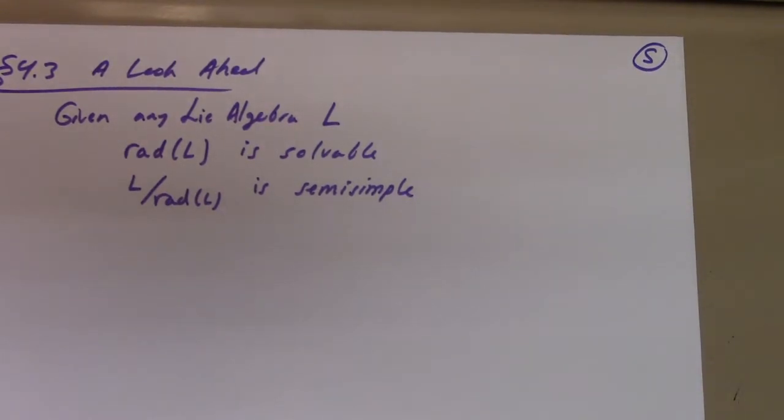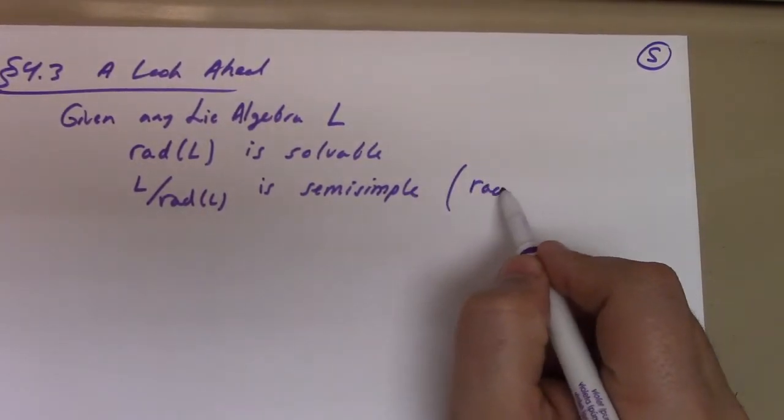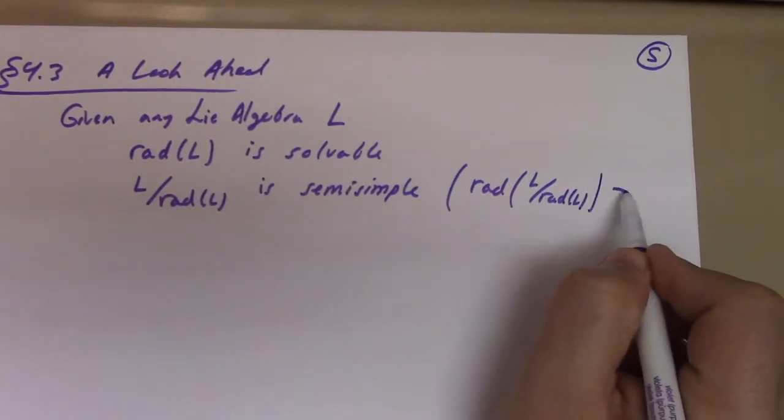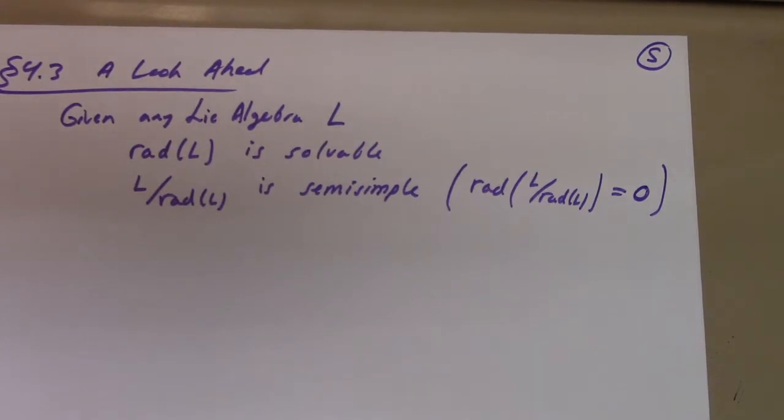Now, what did semi-simple mean? We haven't talked about that today. Semi-simple means that the radical is 0. So the radical of L mod the radical is automatically 0, which in words means that the only solvable ideal of L mod the radical is 0 itself. It's the trivial ideal.